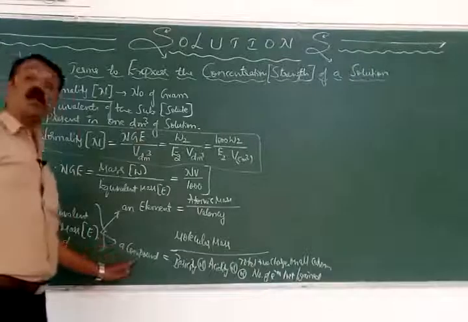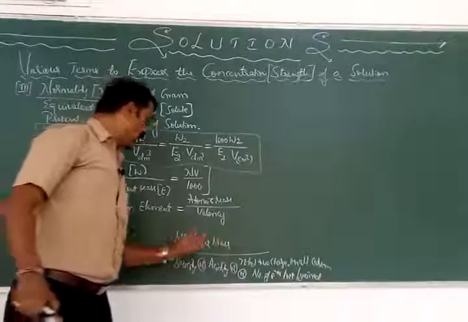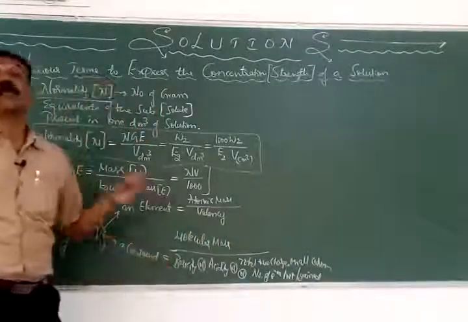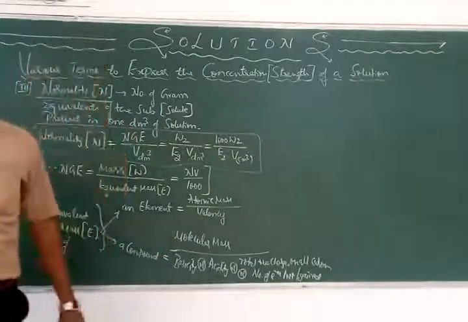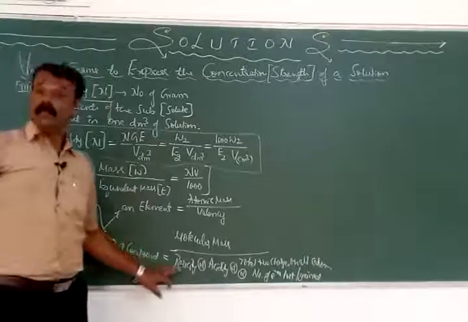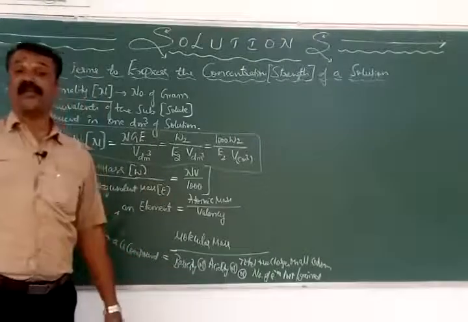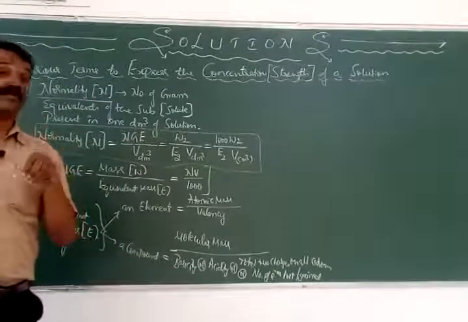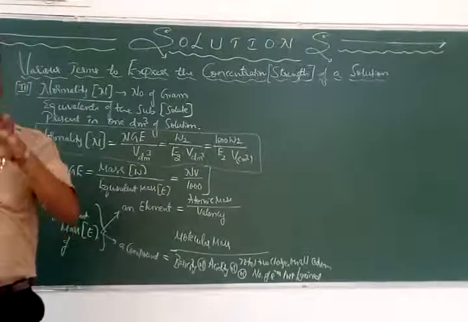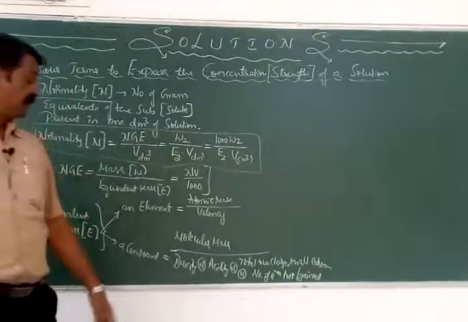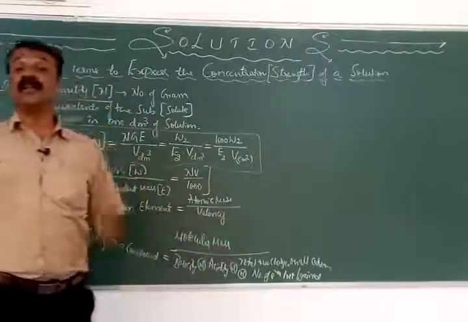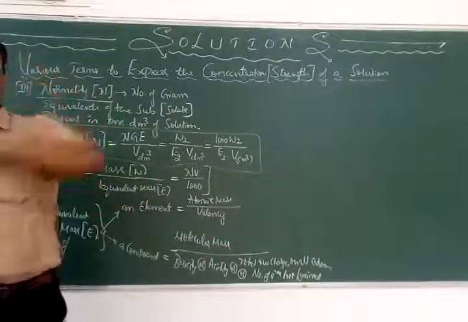If it is a compound, molar mass or molecular mass divided by basicity is for an acid. What is basicity here? The number of replaceable H plus ions present in one molecule of an acid is called basicity. Similarly, acidity is for a base. It is the number of replaceable OH minus present in one molecule of a base. If it is a salt, it is the total positive charges on all the cations.